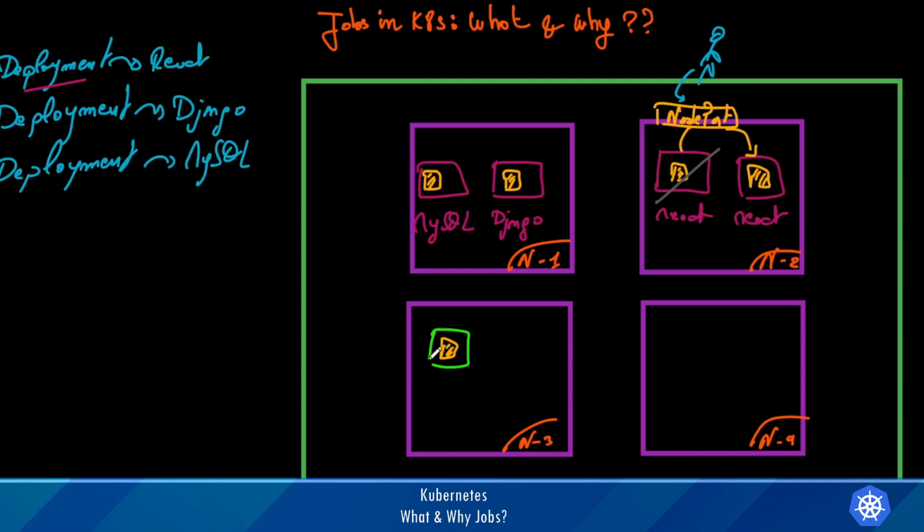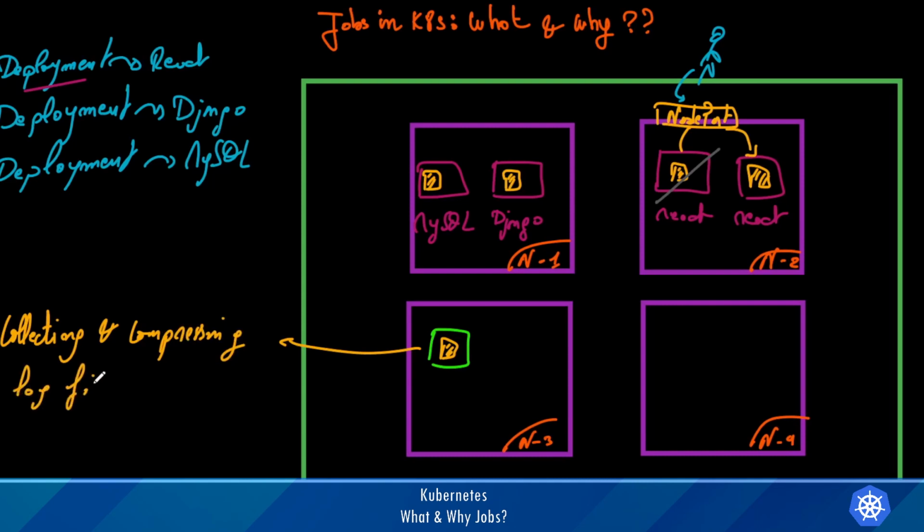For example, we can deploy an application just for collecting and compressing log files, and then taking them to the cloud. So the role of this application is just to collect and compress log files and then save them in the cloud.